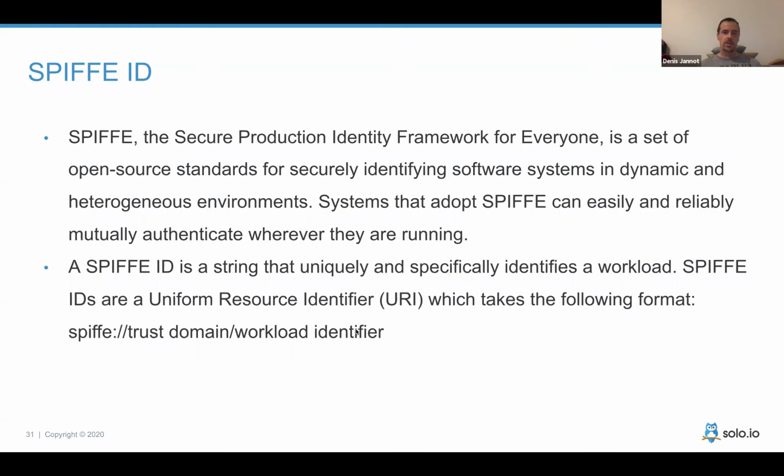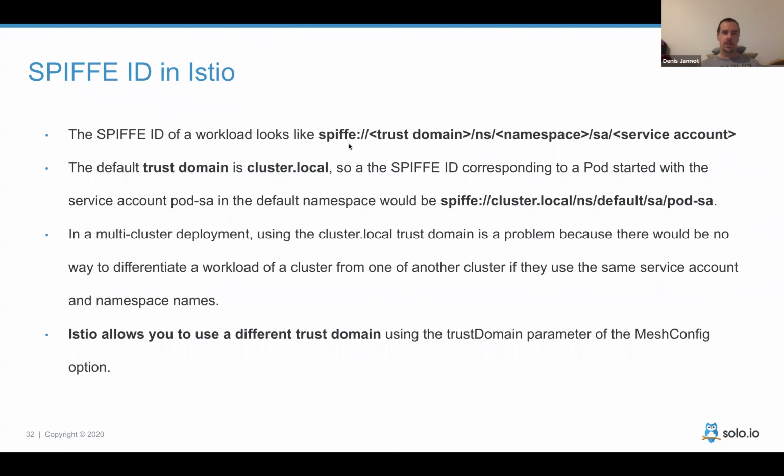And in Istio, a SPIFFE ID is spiffe://, the trust domain that you use when you deploy your Istio cluster, /ns/, the namespace of the service account used by the pods, /sa/, and the service account name. So that gives you a unique SPIFFE ID.